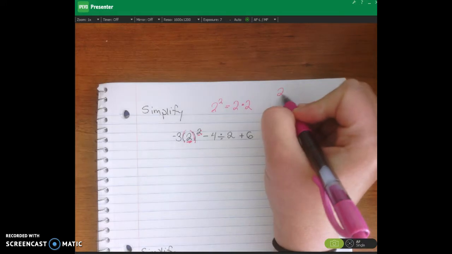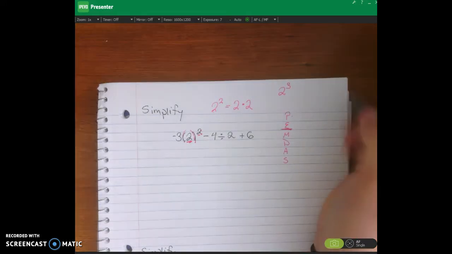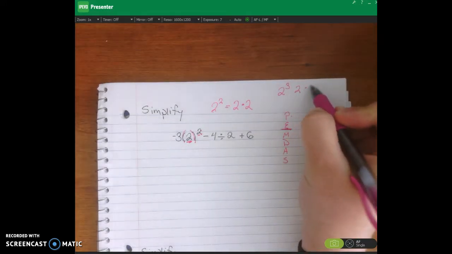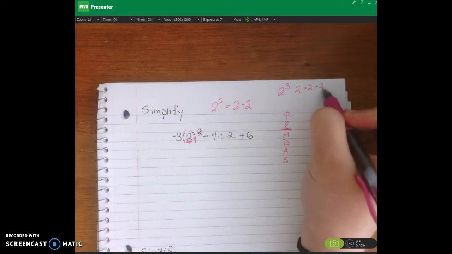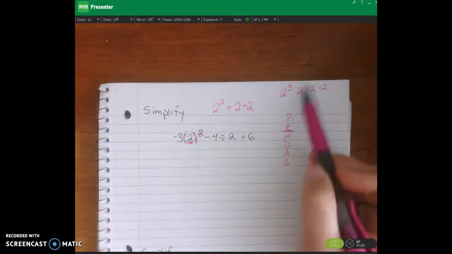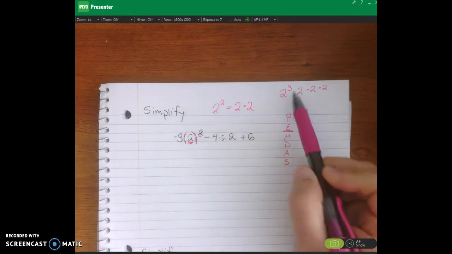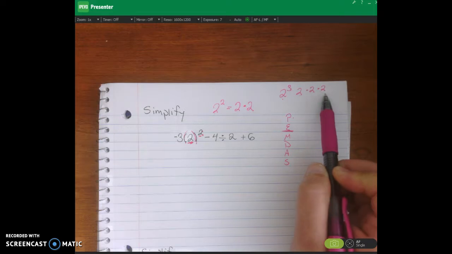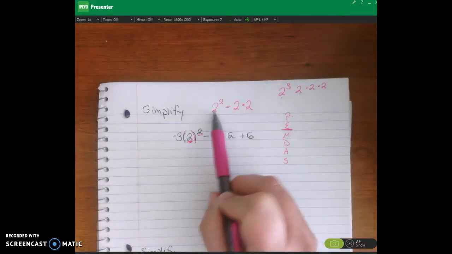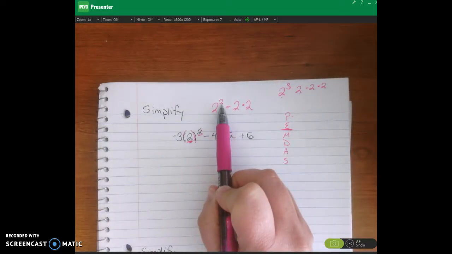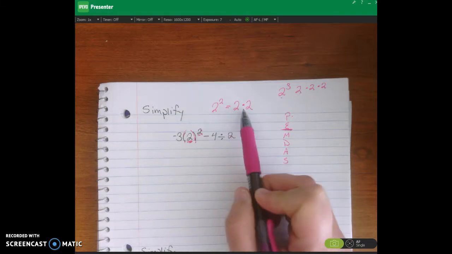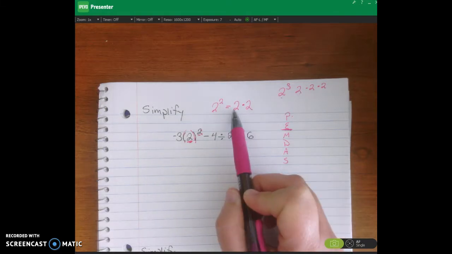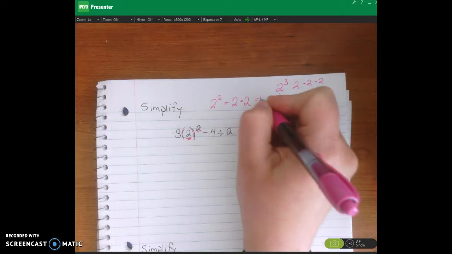If it was 2 cubed, then I would have 2 times 2 times 2. So that's showing that I'm multiplying 2 by itself 3 times. 1, 2, 3. But for this equation, we have 2 to the second power, or 2 squared, which is the same as 2 times 2. So 2 times 2 gives us 4.